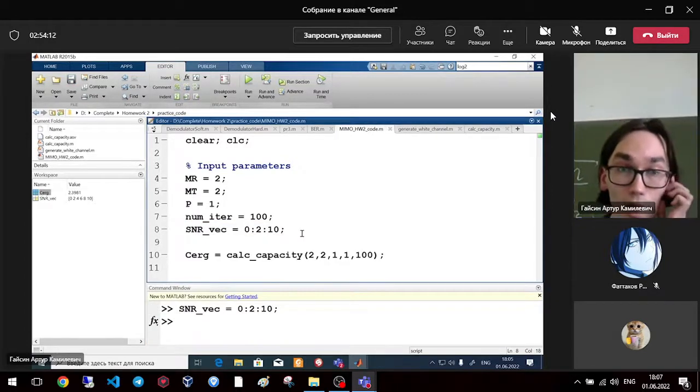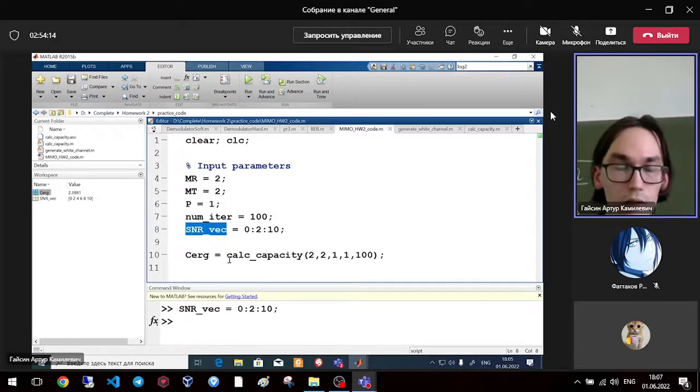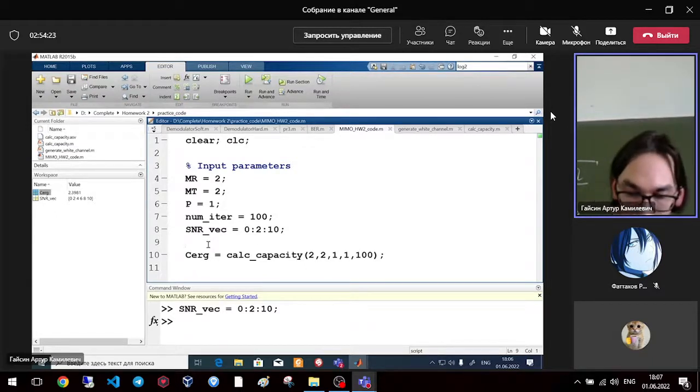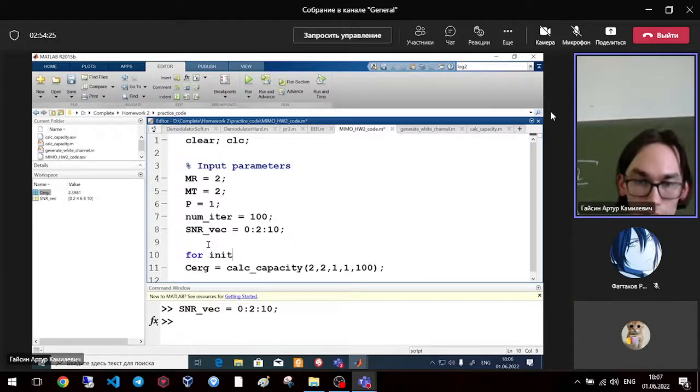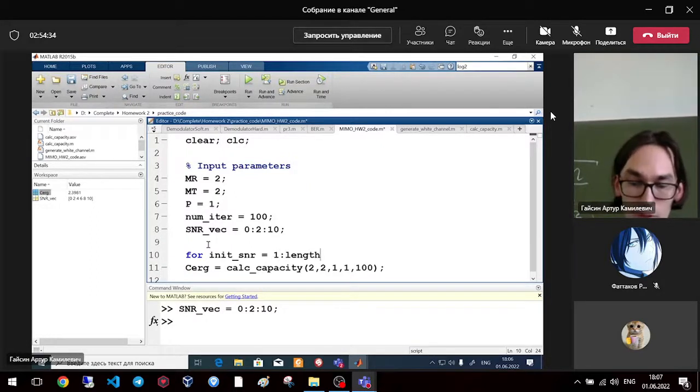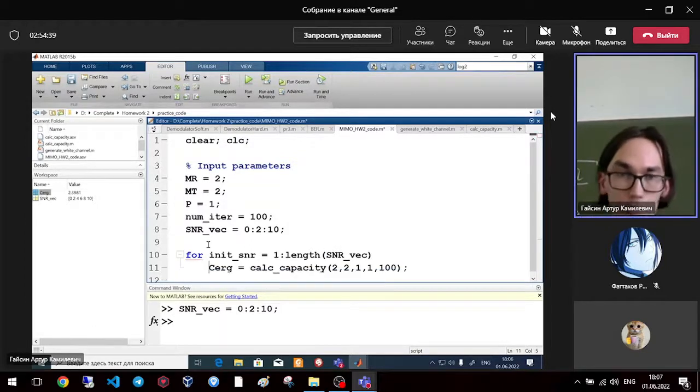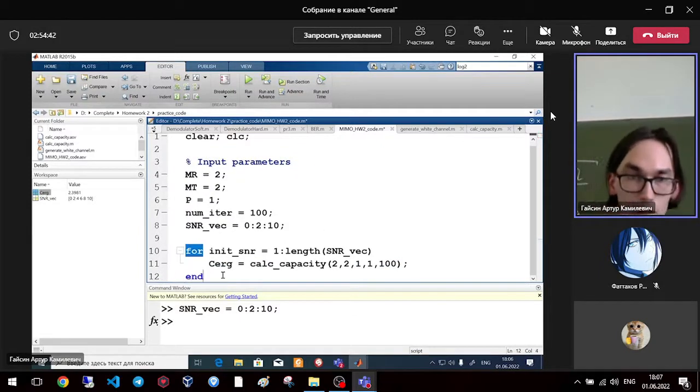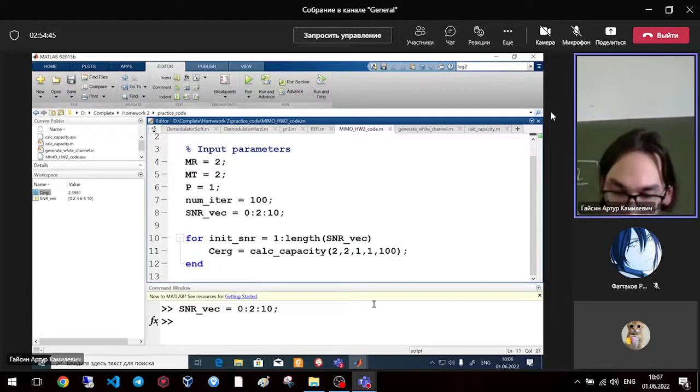Yes. And we need to calculate, using this signal to noise ratio, the different ergodic capacities. So for init SNR, which goes from 1 up to the length of this signal to noise ratio vector, we will calculate this ergodic, but with number of receive antennas, number of transmit antennas, the power.